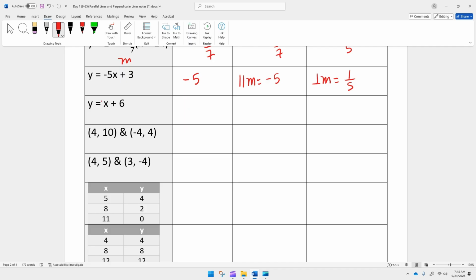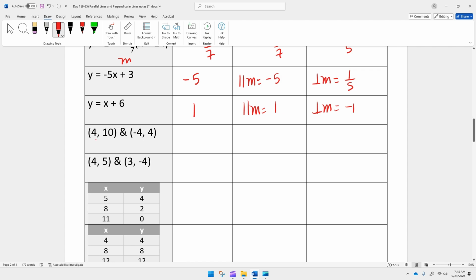Okay, when there's no number in front of the x, we know that is going to be an invisible 1. So that's going to be 1. Parallel slope is going to be 1. Perpendicular slope is going to be -1, because 1 divided by 1, no matter how you flip that, is going to be 1. And if you think about it, -1 times 1 is -1.